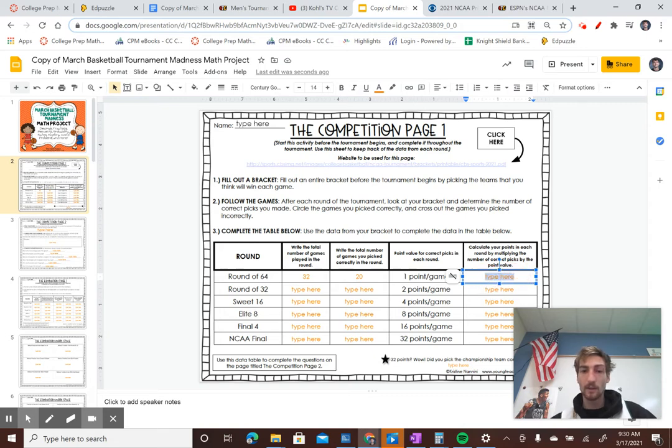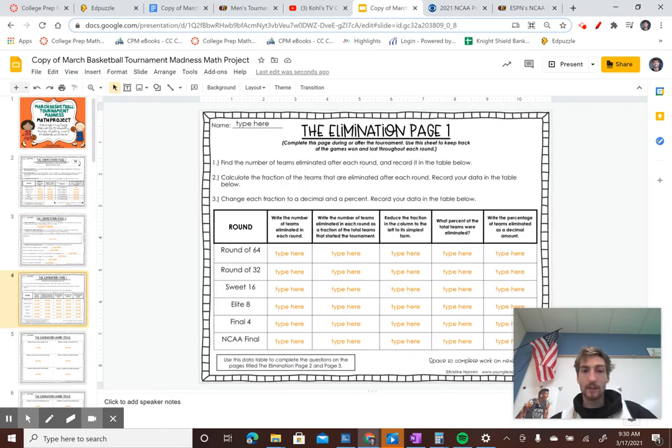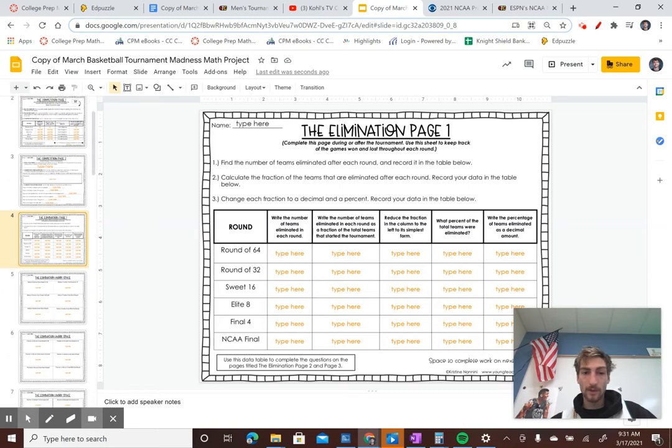So here we would do 1 times 20. 20 times 1 equals 20. So we get 20 points here. And that first round would be complete. Again, you're not going to do this until after the first round. And then you're going to complete these pages throughout the tournament.